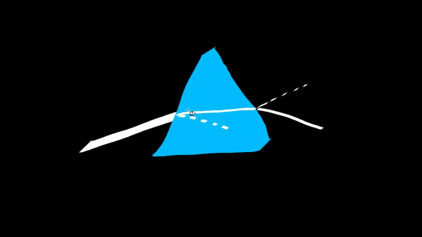There it bends a little bit off of its original path, and then bends a little bit more off of its original path. It refracts twice, and that's why a triangular prism works better to refract it twice.